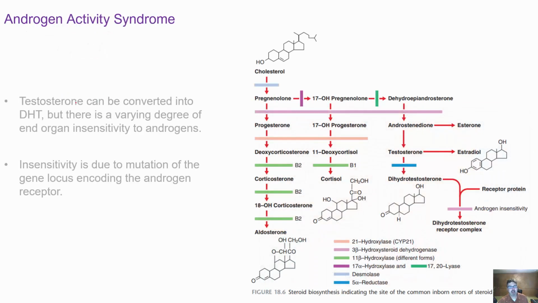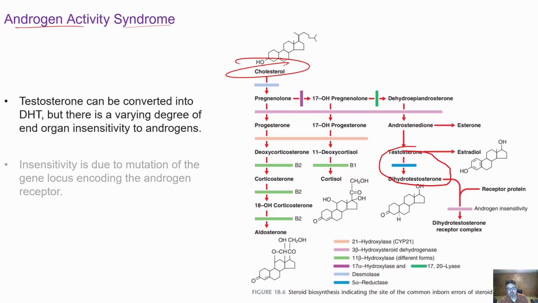All right. Now, there are a couple things that we can think about. One of these, we can have what we call androgen activity syndrome, where we fail to either activate the androgen, or when it does become activated, it doesn't quite work properly. You can see there are several steps along the way in order to make the androgens, and this is all derived from cholesterol. For example, at this step we can convert testosterone into DHT, dihydrotestosterone.